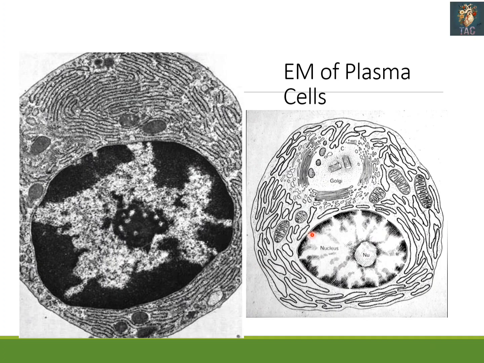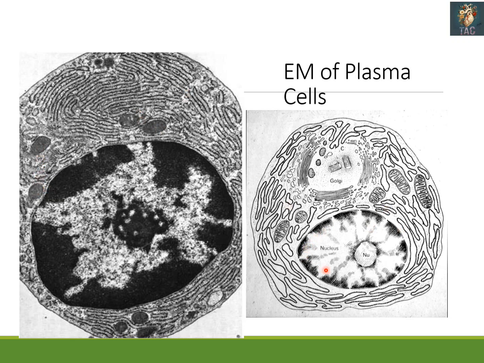This is an electron microscopic picture of the plasma cell, in which you can see the nucleus. The areas stained darker are the heterochromatin, and the areas stained lighter are euchromatin in this EM section. And these are the profiles of the rough endoplasmic reticulum as well as the Golgi apparatus. A small amount of secretory vesicles are also present.